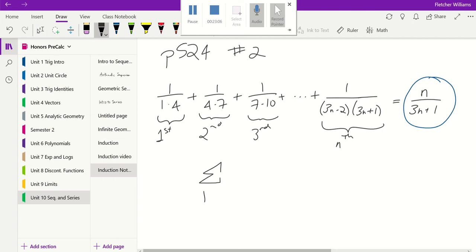So let's say we're going to go from j equals 1 to n. We need a formula with j's in it that eventually could have n's plugged into it. So I'm going to have a fraction. What goes on top of my fraction? 1. And on the bottom?